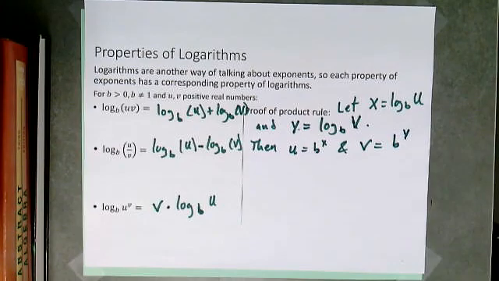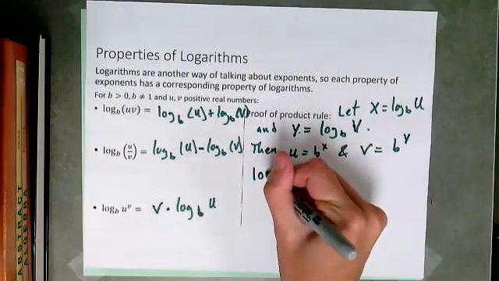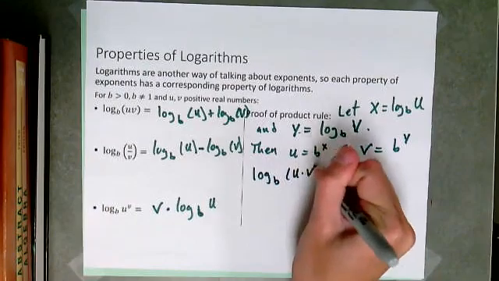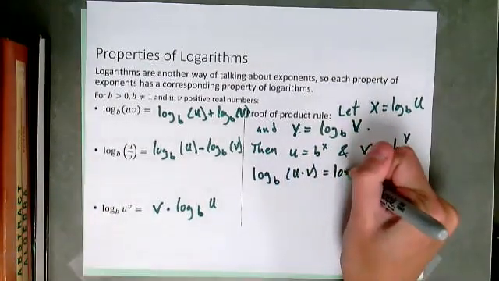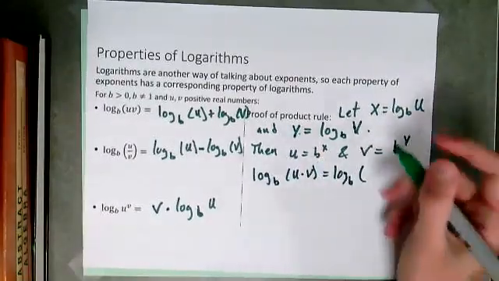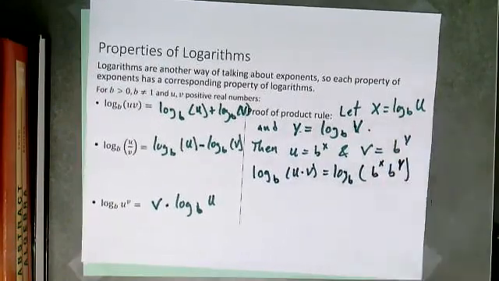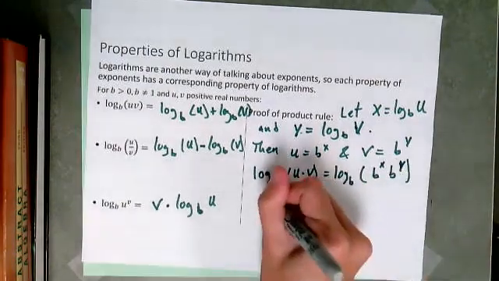So what we have is log base b of u times v, right? That's going to be log base b of b to the x times b to the y. All right. This now becomes an exponent rule that we know and love.